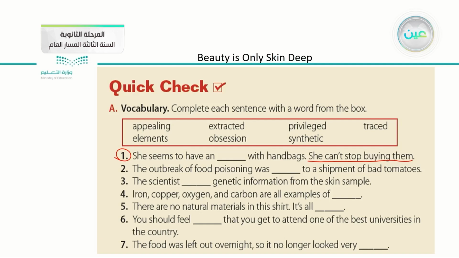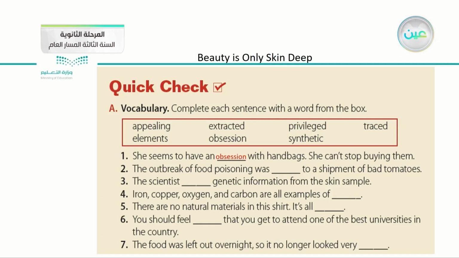She seems to have an blank with handbags. She can't stop buying them. When someone buys things one after the other and he has a weird way of loving these things, what do we call that? We call it obsession. She seems to have an obsession with handbags. She can't stop buying them.